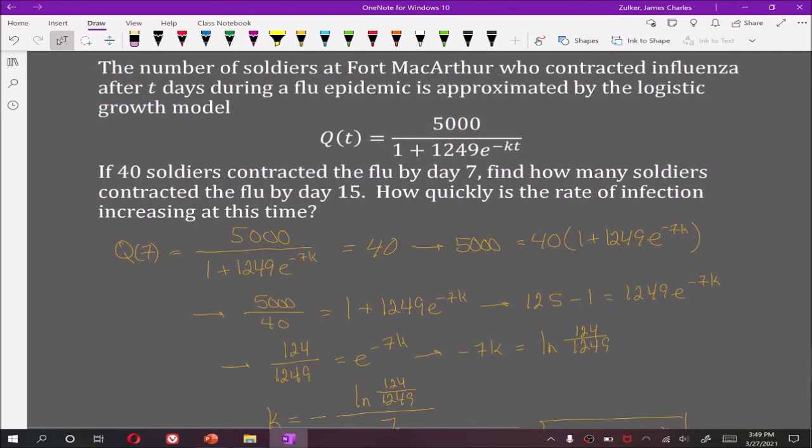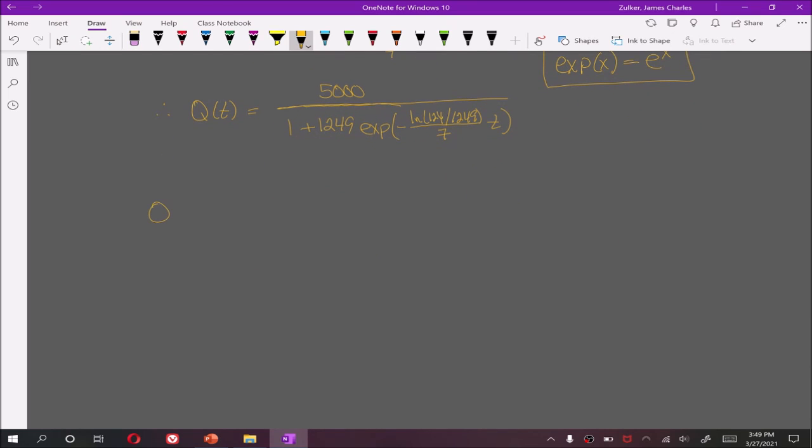We were asked 15 days. So Q of 15, 5,000 divided by 1 plus 1249 exp, so e to the negative log of 124 divided by 1249 divided by 7, then times 15. And plugging this into a calculator, we find approximately 508 soldiers have been infected after 15 days.